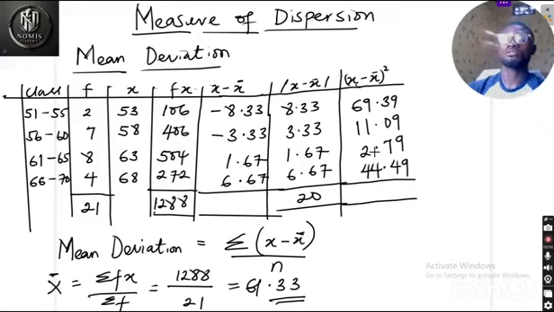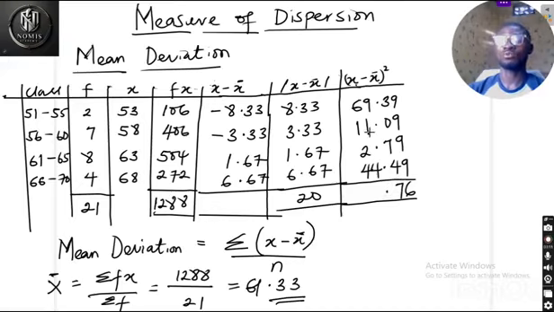So let's find the sum of these numbers. 9 plus 9, 18 plus 9, 27 plus 9, 36. We have 6 and keep 3. 3 plus 3 is 6, 6 plus 7 is 13, and 13 plus 4 is 17. So write 7 and keep 1.